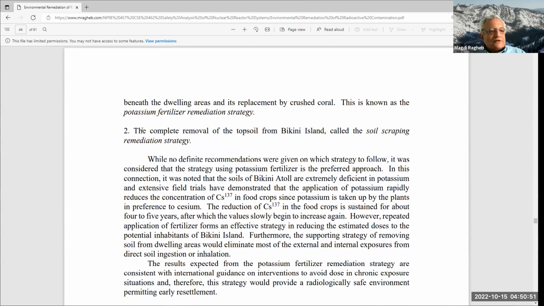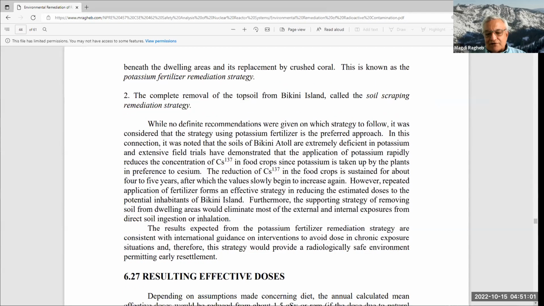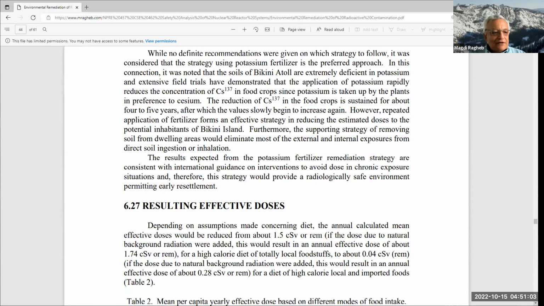Another method of decontamination is a complete removal of the soil. And guess where they brought it? They brought it here from the Bikini Islands to the United States, and it was basically buried here in the United States. I'll let you read the rest of the chapter yourself, but indeed, we are still living with areas that need serious decontamination.